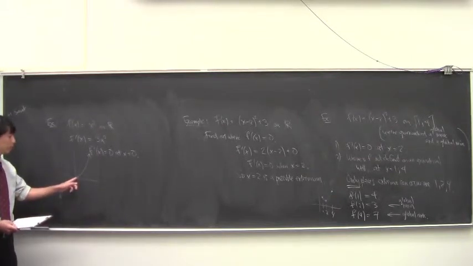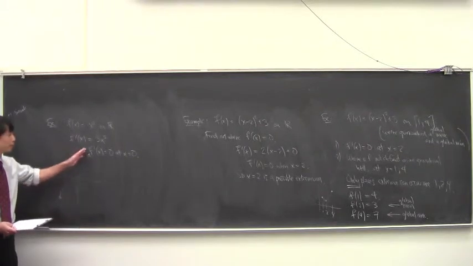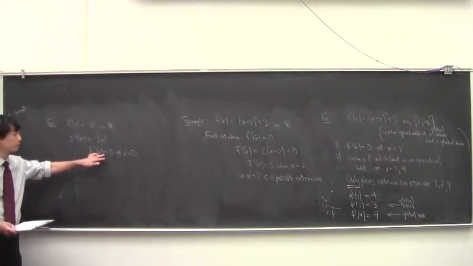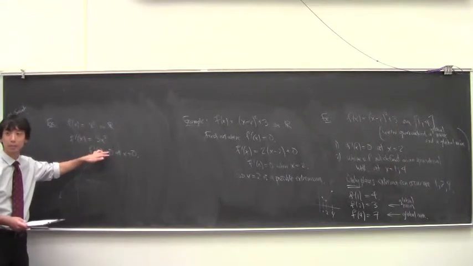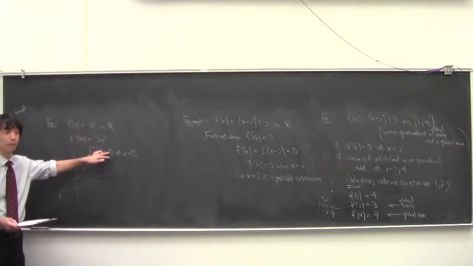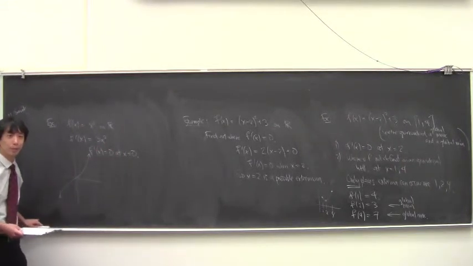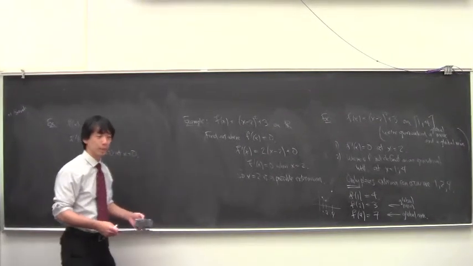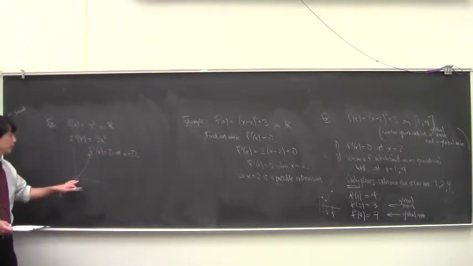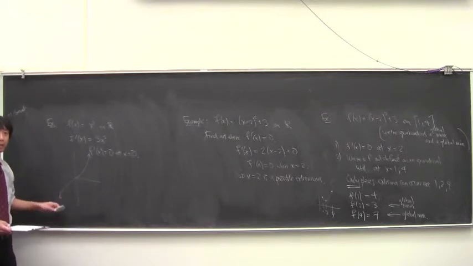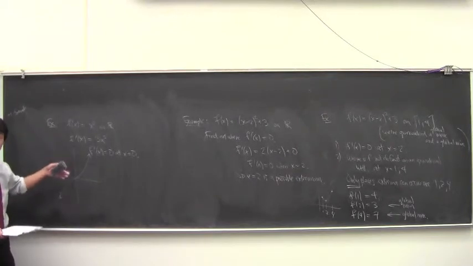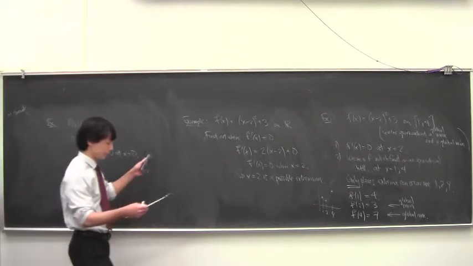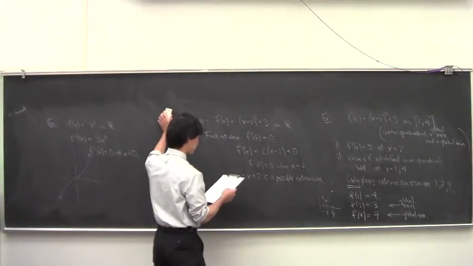We got our hopes up because Fermat's theorem says that that's a possible, and in fact the only possible place for a local maximum. But in fact there's nothing there at all. And later we'll make more tests that will allow us to tell without graphing if there is a maximum there.